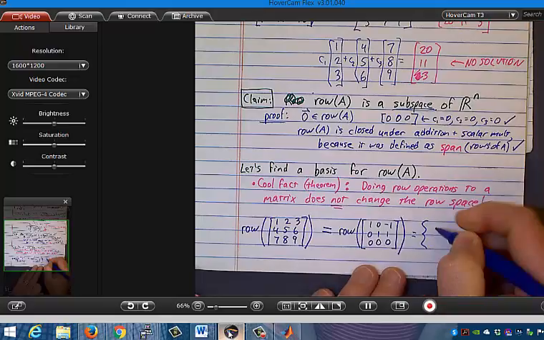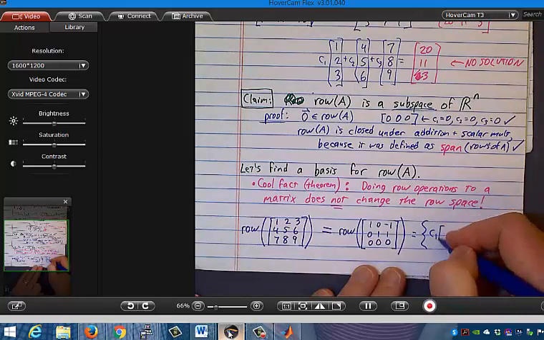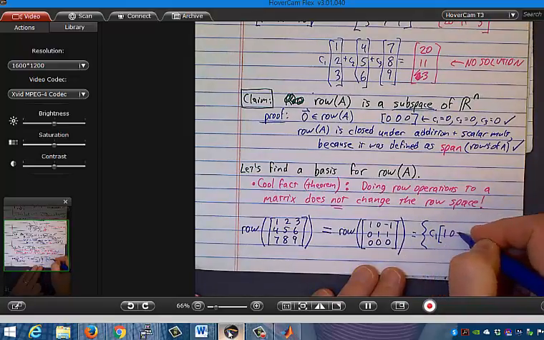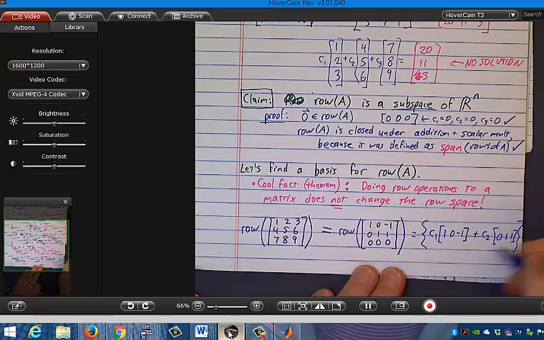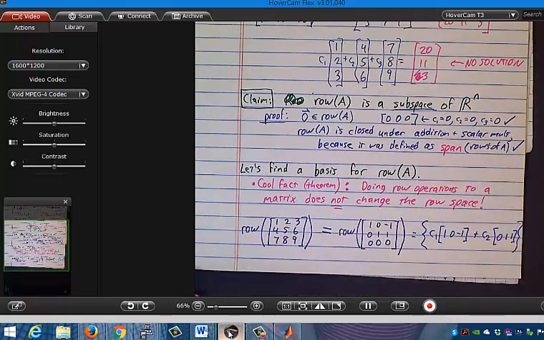It's the set of vectors C1 times 1, 0, negative 1 plus C2 times 0, 1, 1. That's it. So the C1 times the first row plus C2 times the second row is the answer for the row space of your matrix.